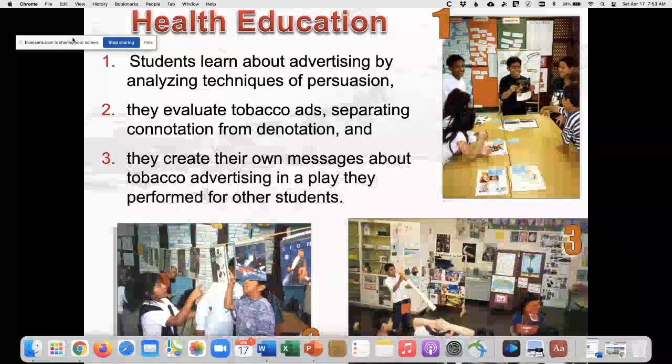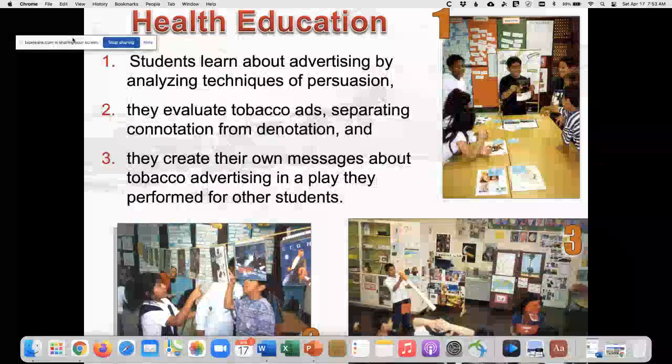And here's an example of a health education lesson I did, where in the first picture in the top right corner, the students were looking at advertising. I pulled out all these different ads from magazines and just had the kids separate the ads into categories of techniques of persuasion.